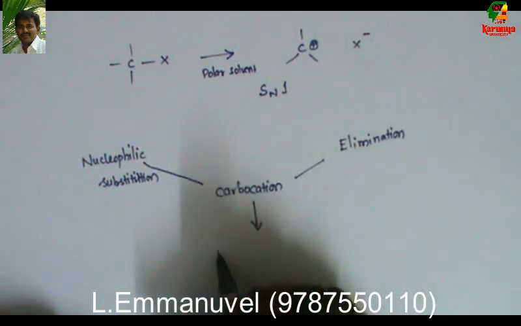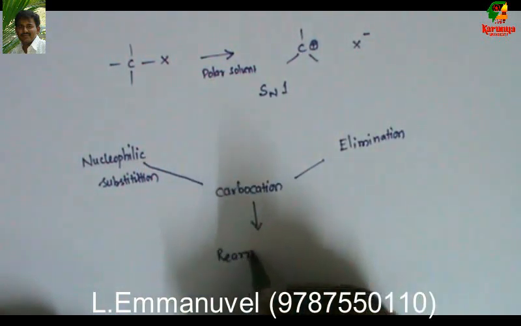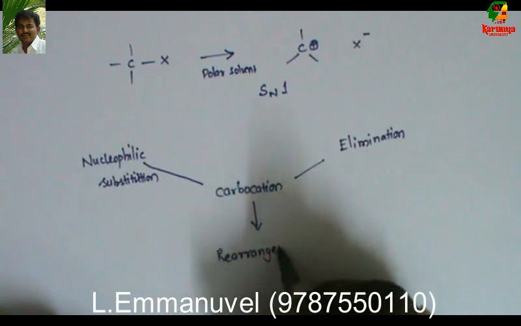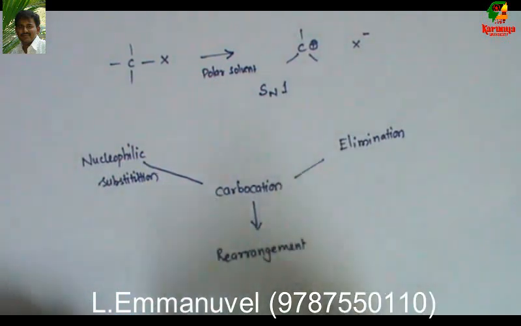Third one, rearrangement. In the case of carbanion, it is not like that. Whatever carbanion you have generated, it has to attack the electrophile. That's all. But here, there are three possibilities.